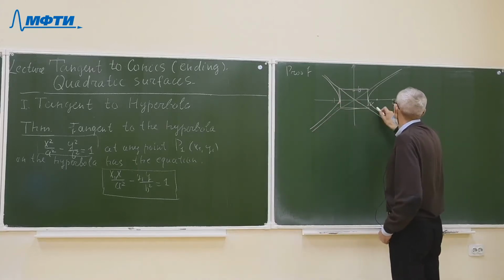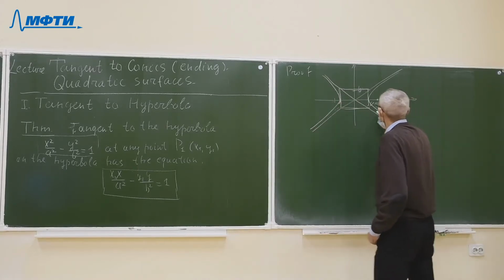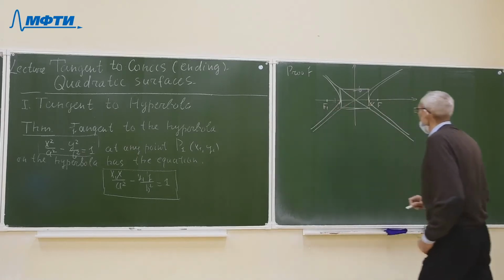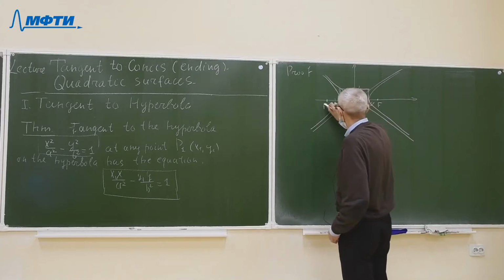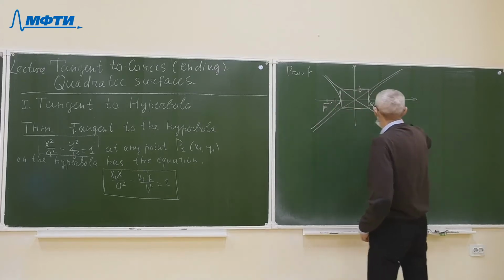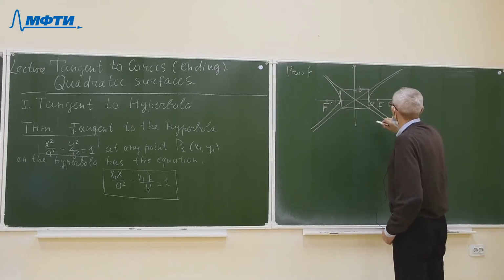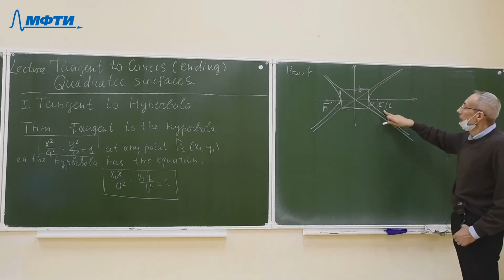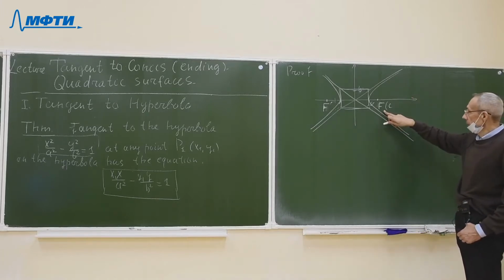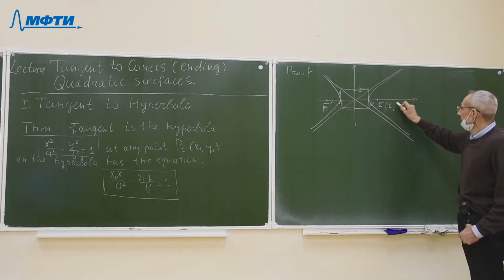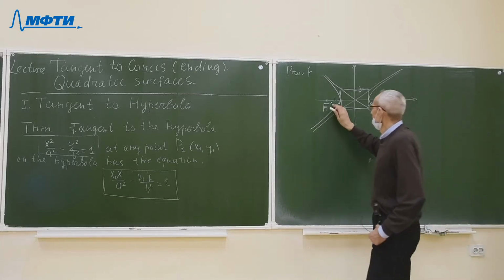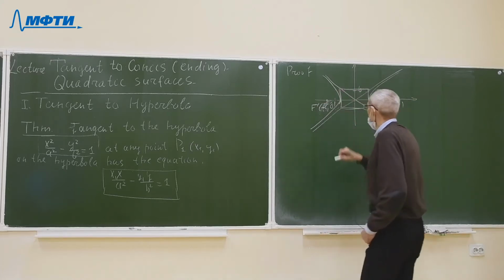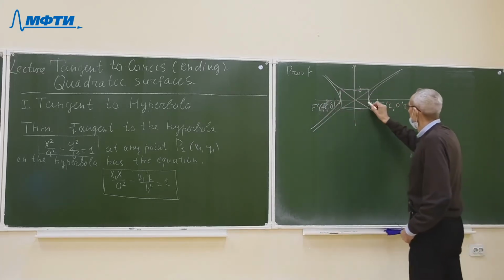We have foci F and F prime, with coordinates of the first focus (c, 0) and of the second focus (minus c, 0).